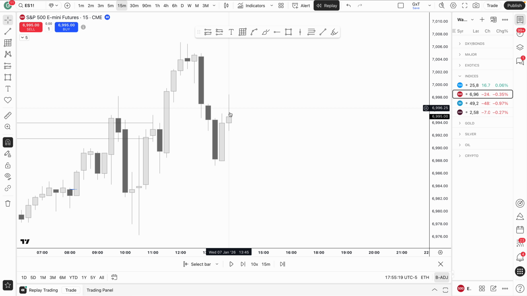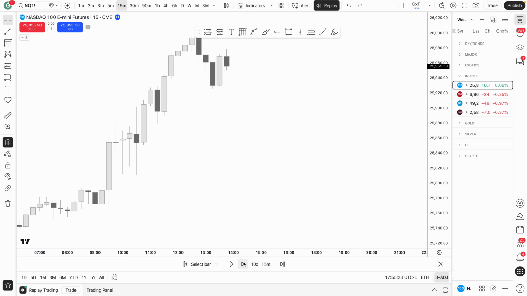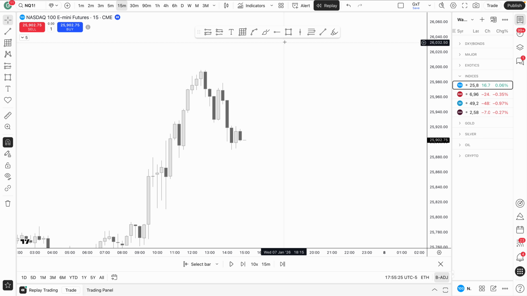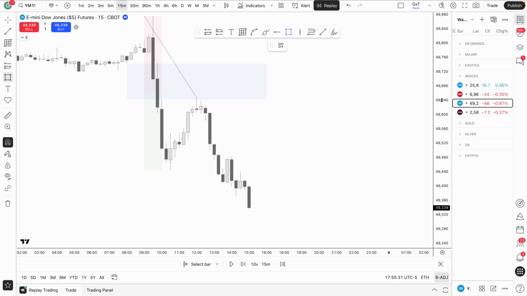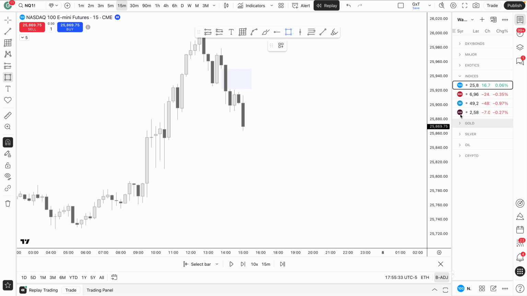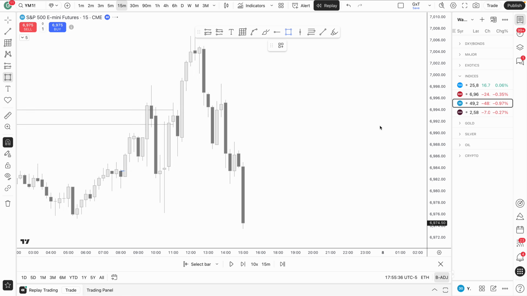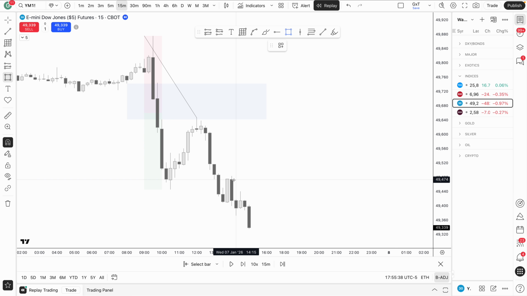ES bullish candle in gaps, bearish candle, strength trades PSP. What do you got here? To trade continuation, a gap. Wait, what time is that? Sorry, this is 14:30. Boom. Trades to the previous candle's high.